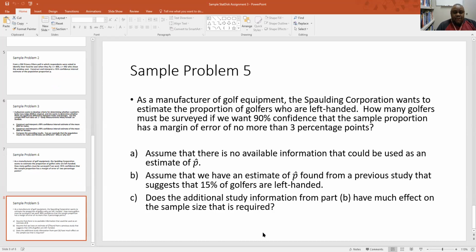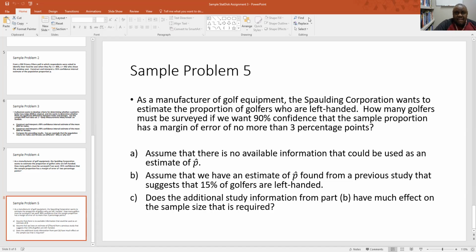We want to assume in part A that there is no available information that could be used as an estimate of p hat, which is the sample proportion. Part B, assume that we have an estimate of p hat found from a previous study that suggests that 15% of golfers are left-handed. And part C, does the additional study information from part B have much effect on the sample size that is required? So here we're going to be answering parts A, B, and C.